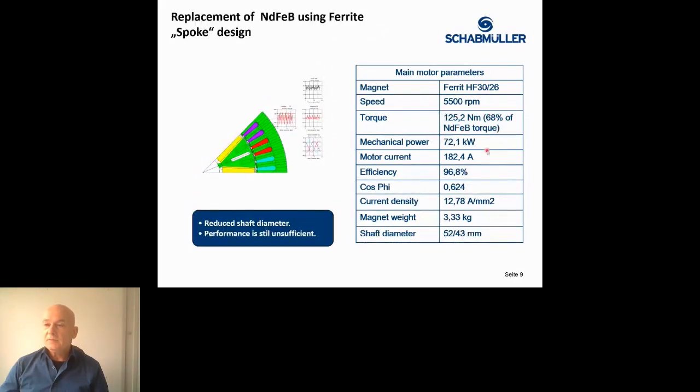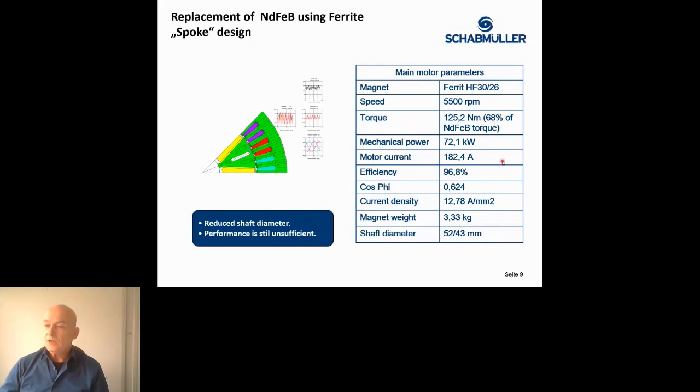So if we try to compensate for this by modifying the design to a spoke design, where the ferrite magnet material is located in the rotor in a totally different arrangement, plus reducing the shaft diameter, we do see that we are now at 68% of the original value regarding the torque.